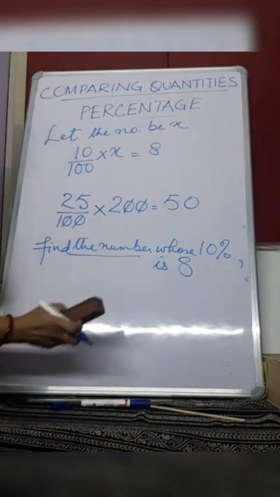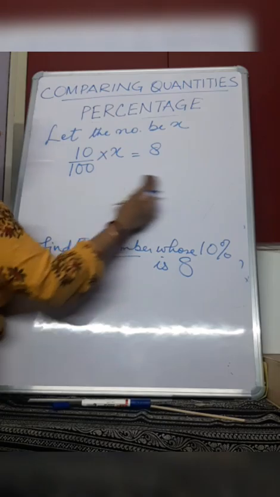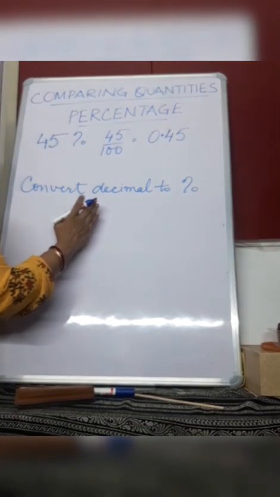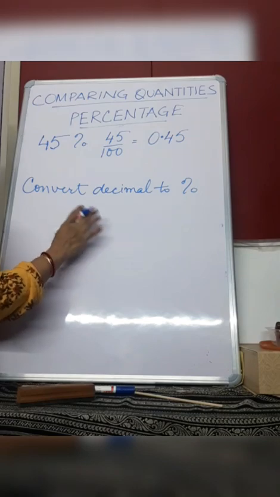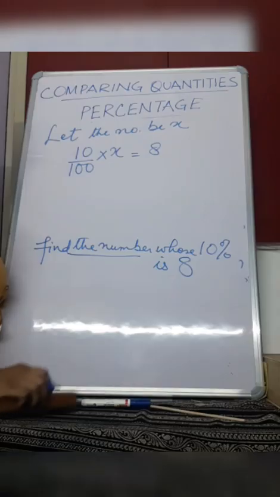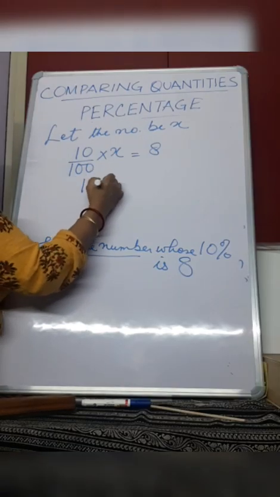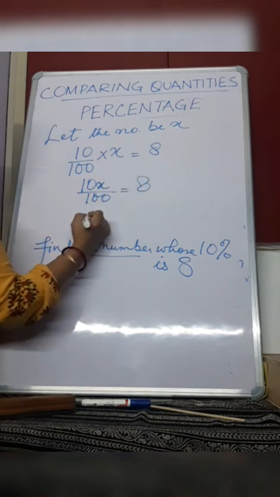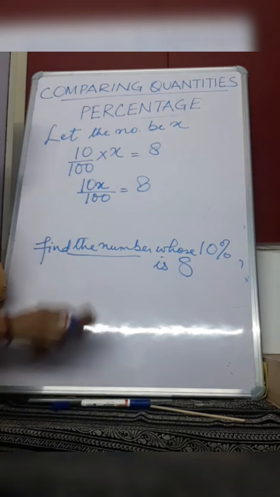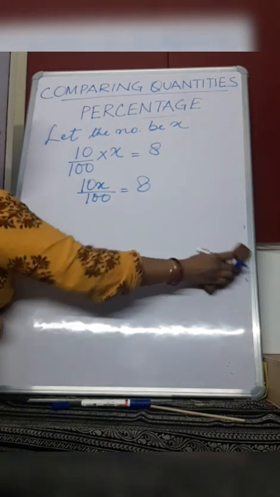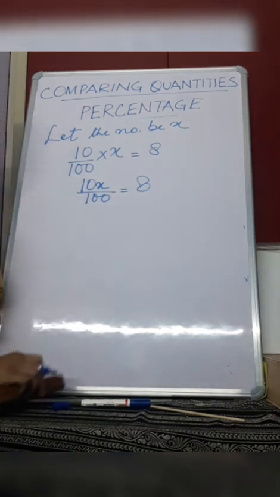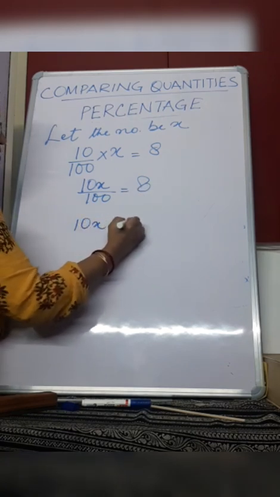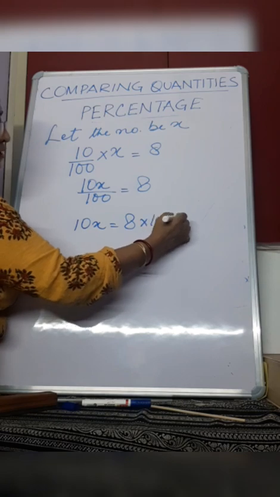Now we solve it as we do it in algebra. 10x upon 100 is equal to 8. Then what we do is change the sign. Here 100 is dividing, there it will be multiplying. So 10x is equal to 8 into 100.